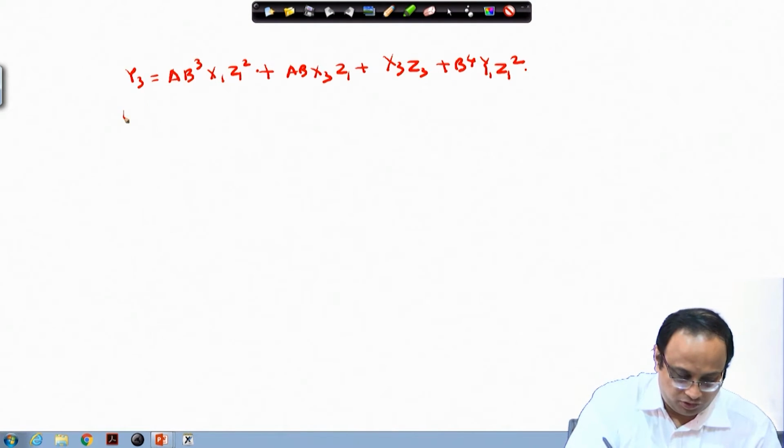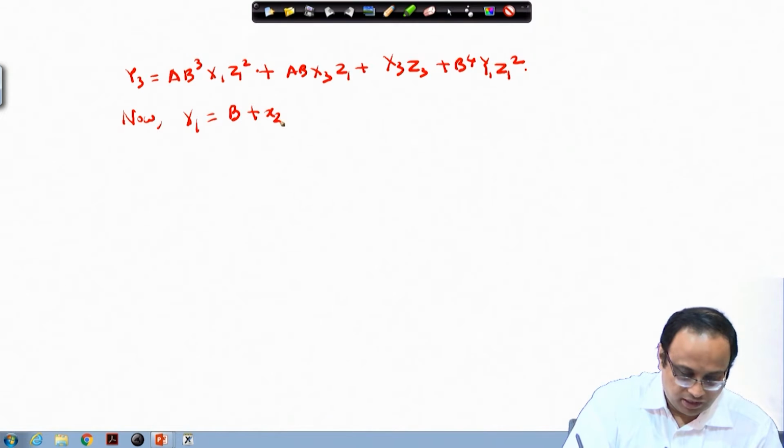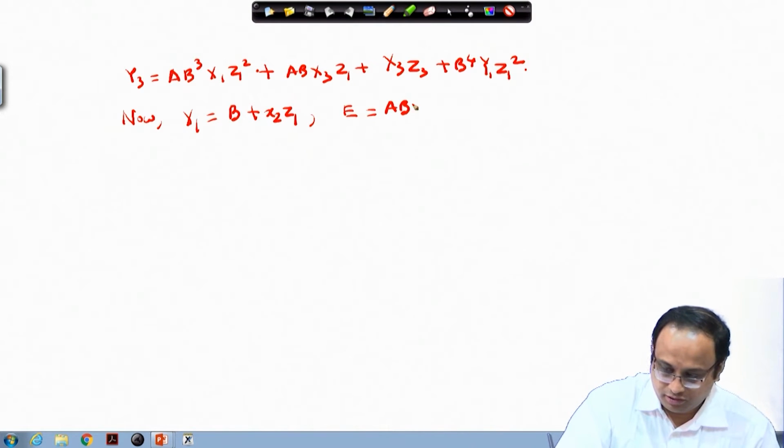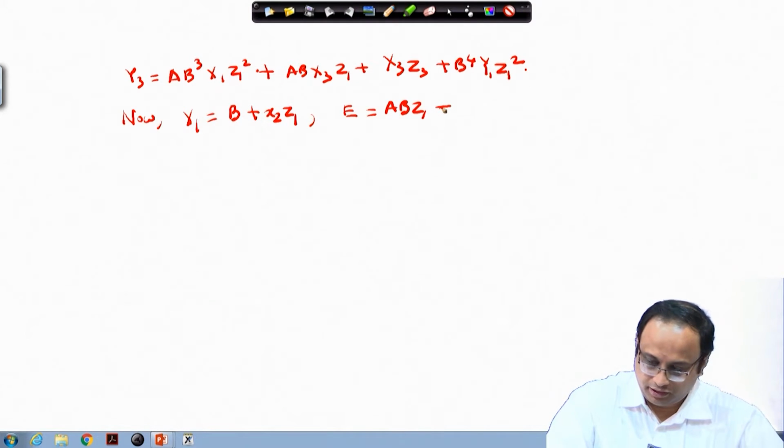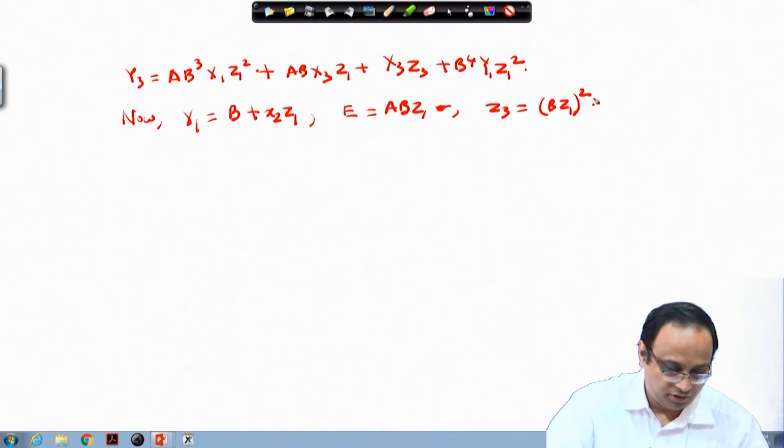So for example, note that capital X1 is equal to b plus x2 z1, and E is equal to a b z1, okay, and we also have, as already noted, that z3 is equal to b z1 whole square, okay.